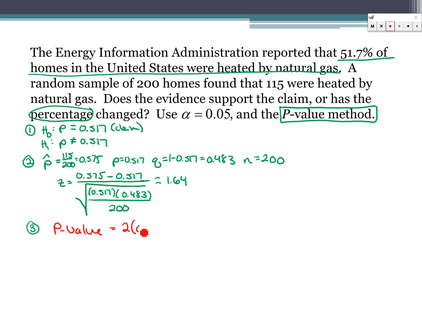Two-tailed test, I have to double it since it's a two-tailed test.